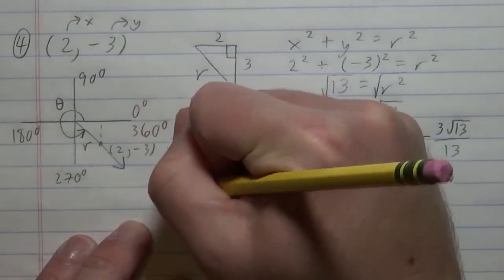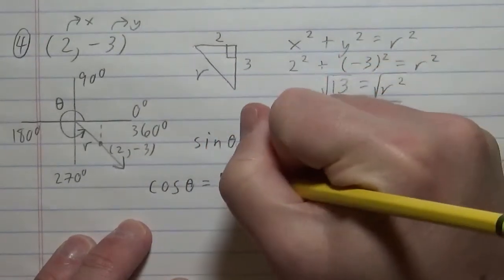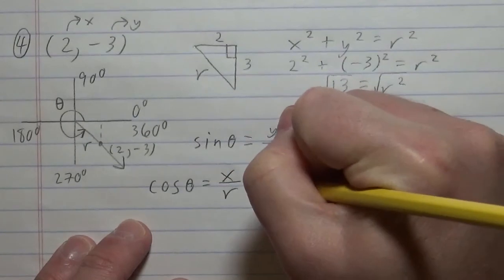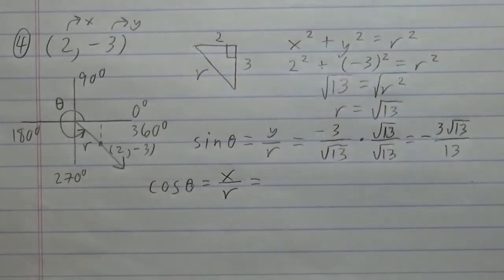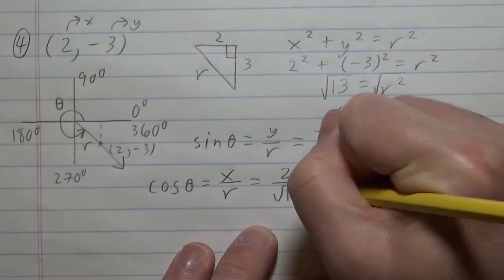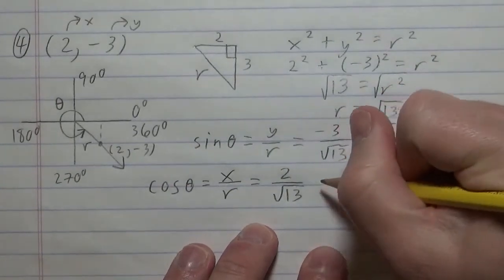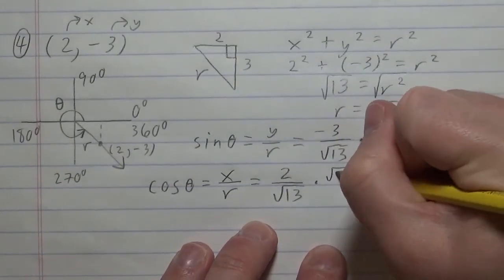Cosine. There's the cosine ratio, x coordinate over r, which is 2 over the square root of 13. Multiply by the equivalent of 1.